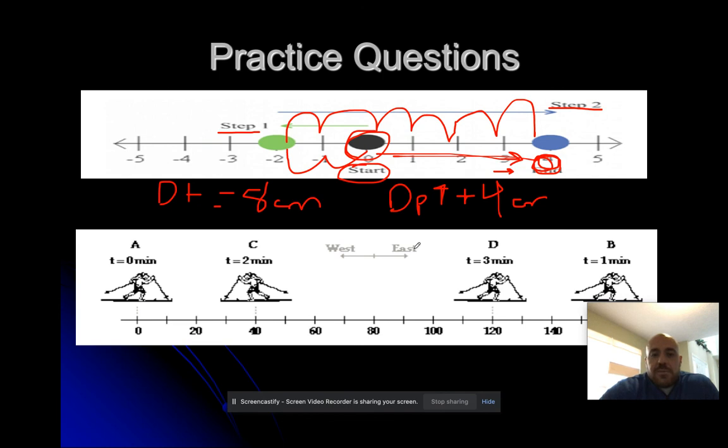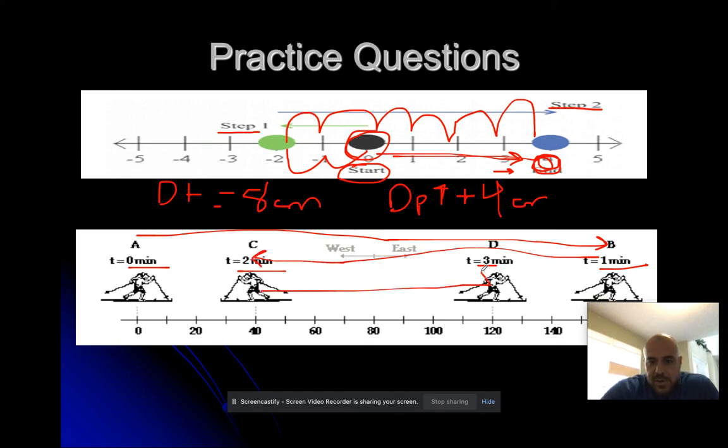All right, this picture's a little harder to understand. You got to look at the times. So that means if this is the 1 minute mark and 0 and 2 and 3, that means from 0 to 1 minute, he went all the way here. And then from 1 to 2 minutes, he went here. And then 2 to 3, he went here.